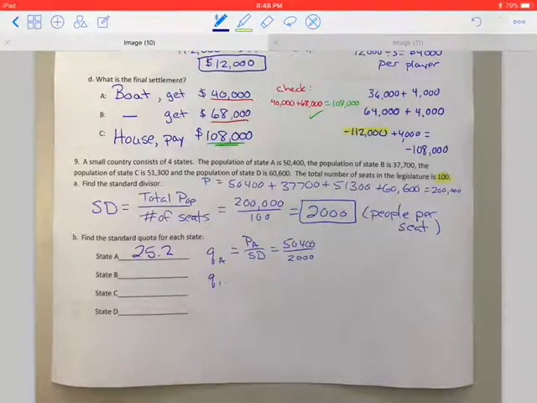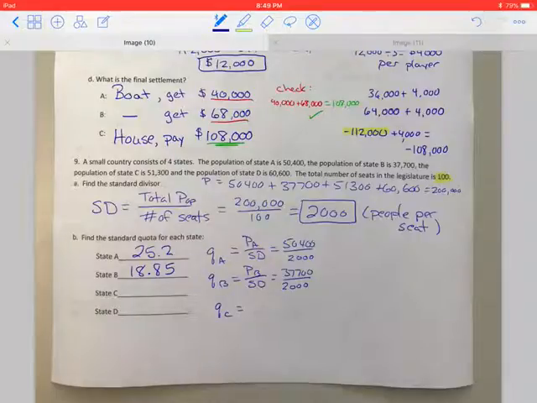Okay, so for state B, we do the same thing but with the population of B. That is going to be 37,700 divided by 2,000. I'm going to put that in my calculator, and that one also comes out exact. It doesn't have to be rounded, so 18.85.